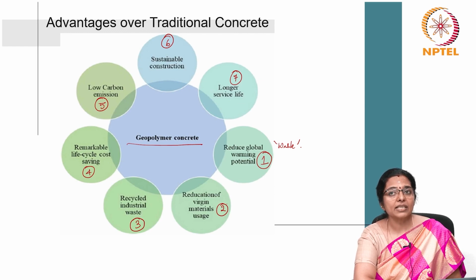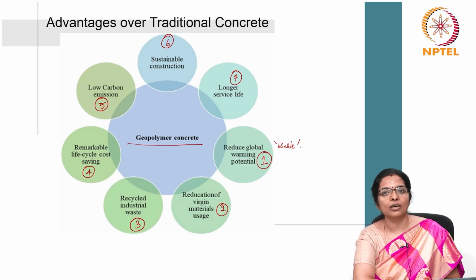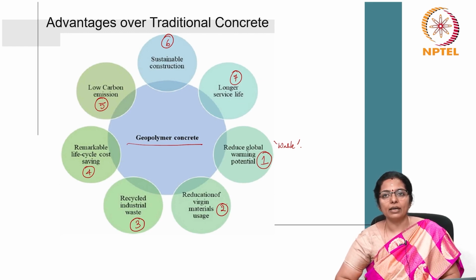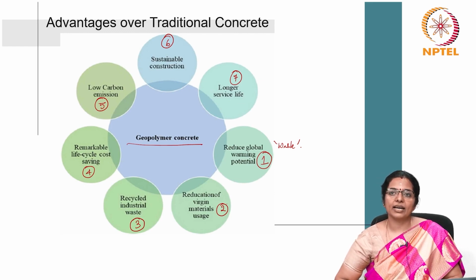Geopolymers possess impressive mechanical properties with higher compressive and tensile strengths, enhanced fire resistance and improved acid resistance compared to concrete. Geopolymers set and harden significantly faster than concrete, leading to quicker construction projects and reduced labor cost. They exhibit exceptional long-term durability, resisting weathering, degradation and chemical attack much better than regular concrete.